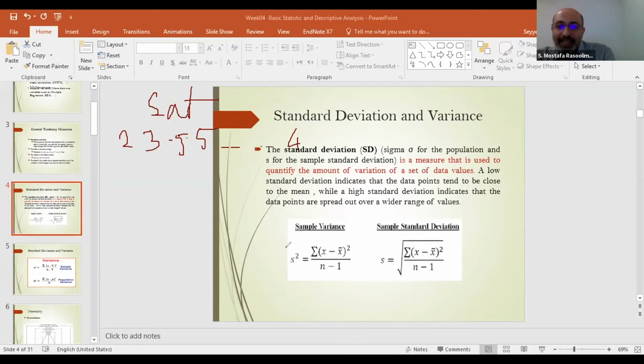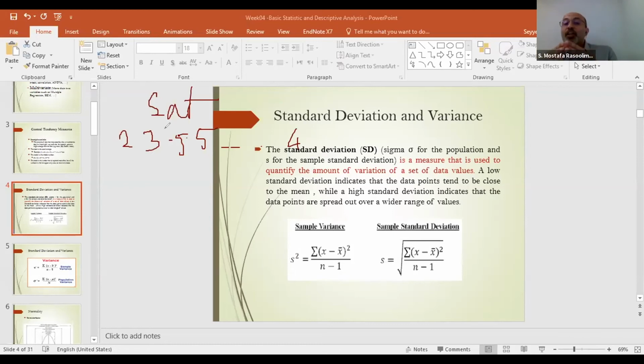By calculating the standard deviation, we can see the variation between different answers, how answers change for different respondents and cases.